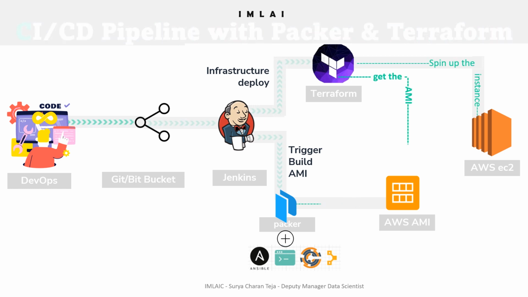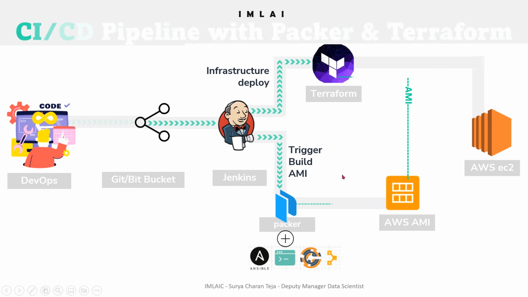Automatically Jenkins triggers the build pipeline, and it will trigger an AMI build to Packer. Packer comes into action and builds an AMI image with the new changes, and then the updated new AWS AMI can be seen here.